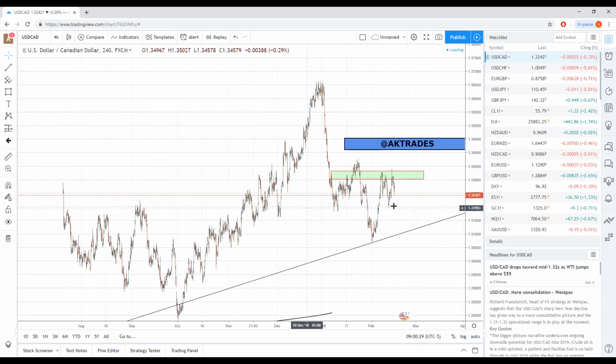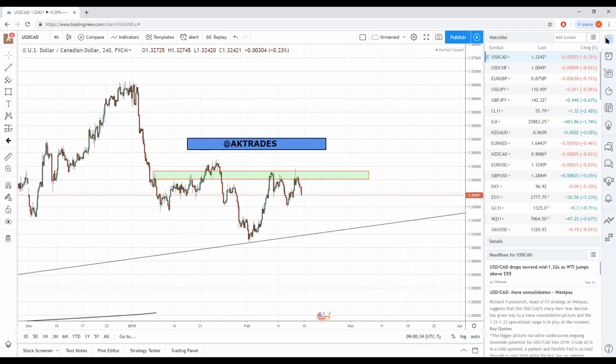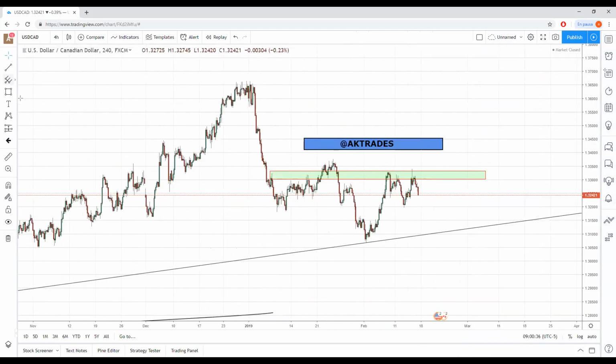The more conservative trader, and my advice would be, to wait for a pullback and rejection again to this area, maybe some sort of pullback and rejection around this area to enter this trade. That would be a much better risk to reward ratio.